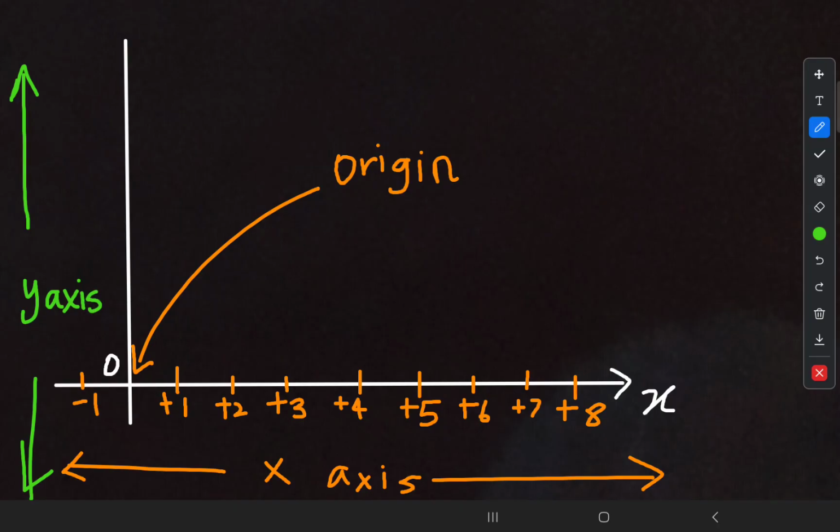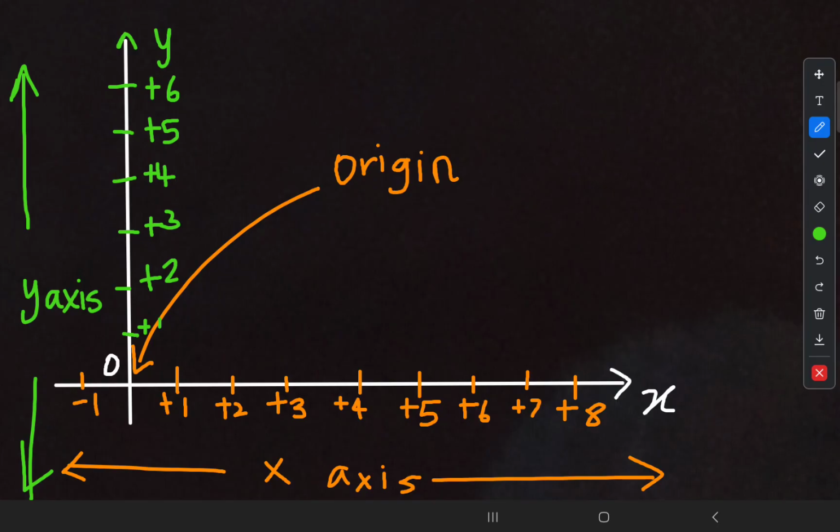On the y-axis, as we already know, the origin gives you the point 0 over 0. Above the 0 we have our positive digits: positive 1, 2, 3, 4, 5, 6. These are our positive values on the vertical axis, the y-axis.